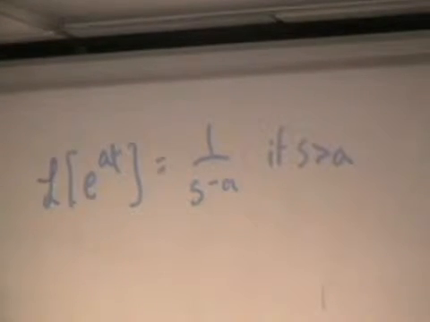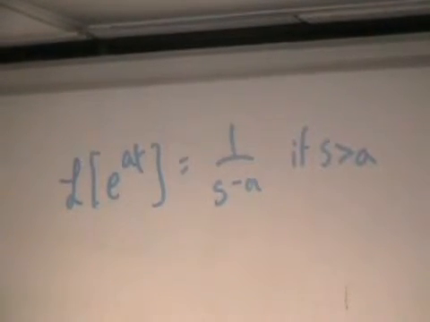Laplace transform of e to the at is 1 over s minus a. Technically, if s is greater than a, is the way that you should think of that fact. Okay? And this is a very important fact in this first section that you can then use to, for example, solve the differential equation.